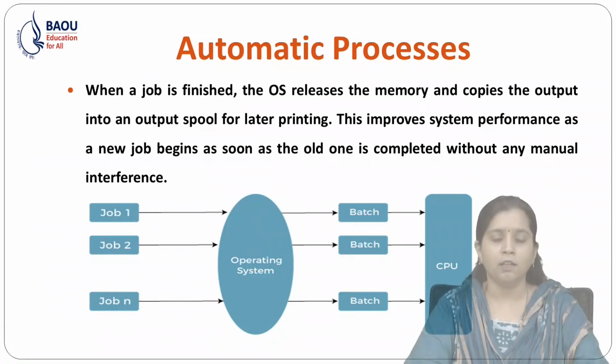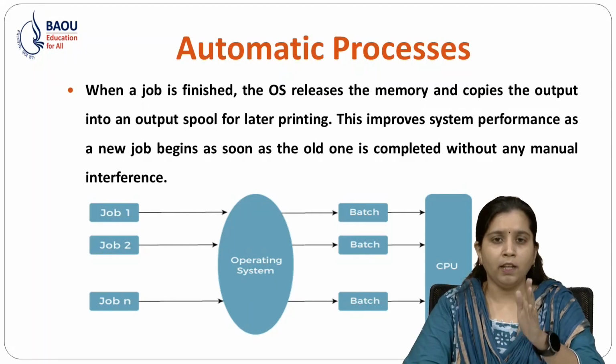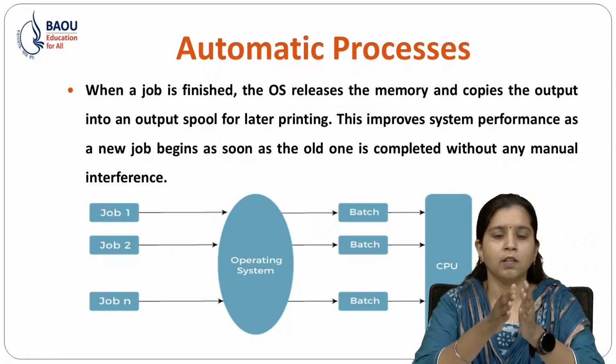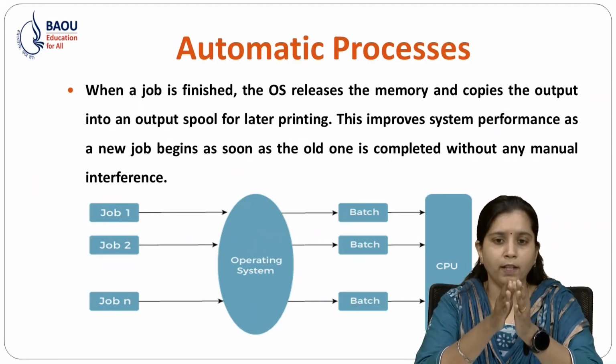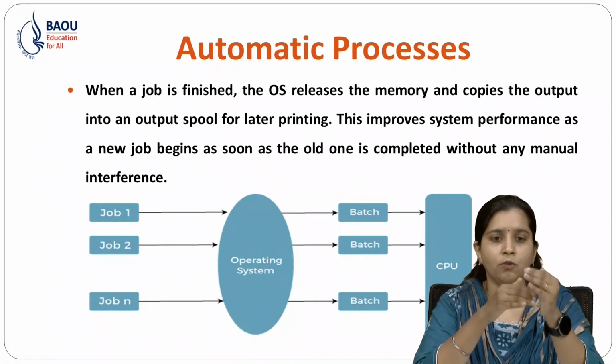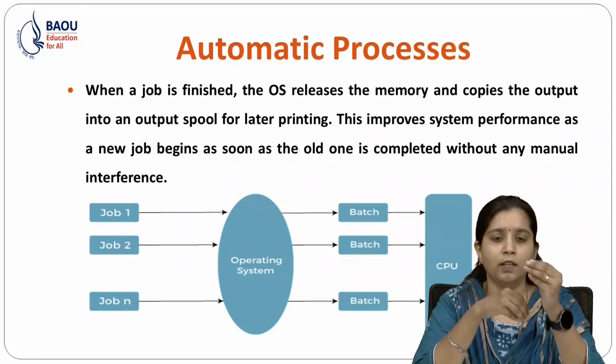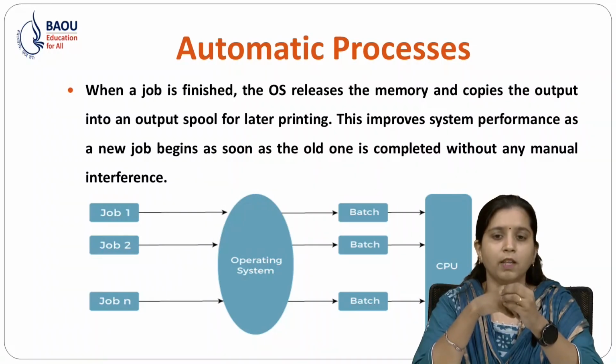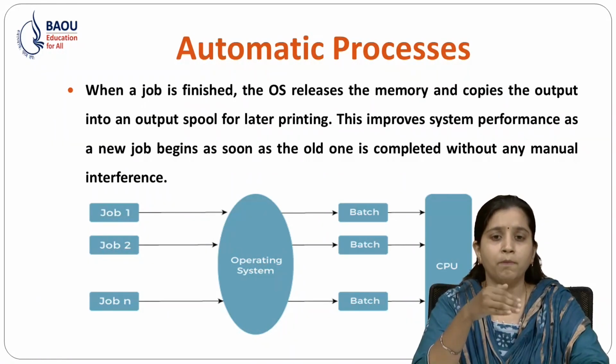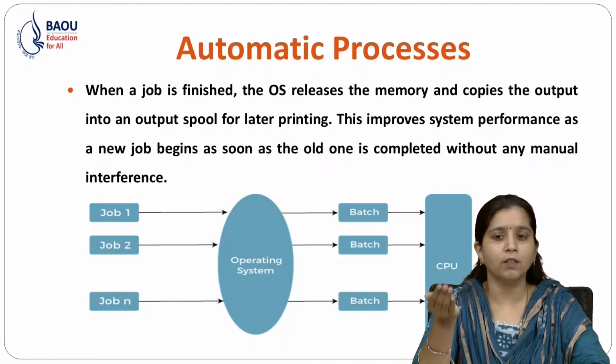Like I said, automatic process uses the operating system in a batch-wise manner. First, one can store their different jobs in a batch. After that, we process that batch on the CPU.